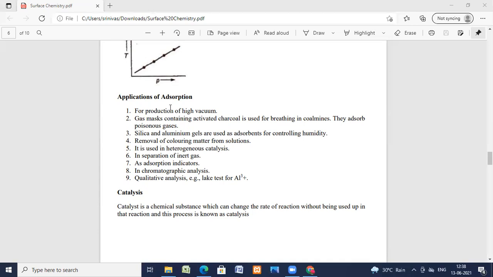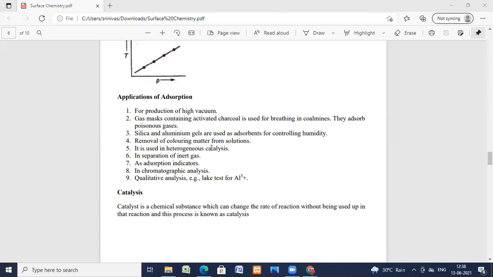For production of high vacuum, the adsorption process is used. Gas masks containing activated charcoal are used for breathing in the coal mines, so that the dust gets adsorbed, and they adsorb the poisonous gas also. Silica and aluminum gel are used as adsorbents for controlling humidity. Also removal of coloring matter from solutions.